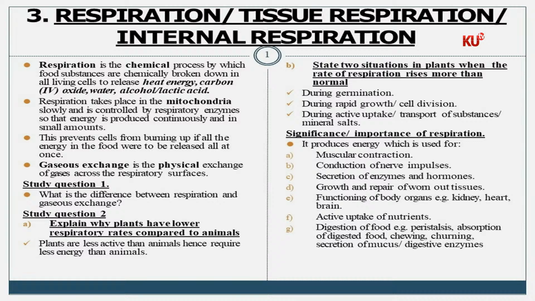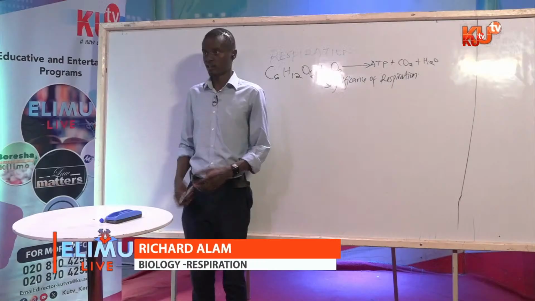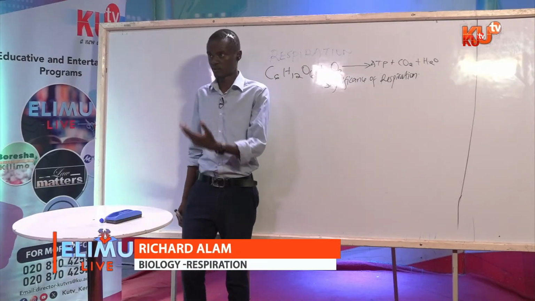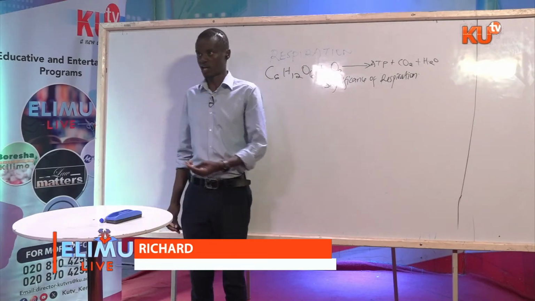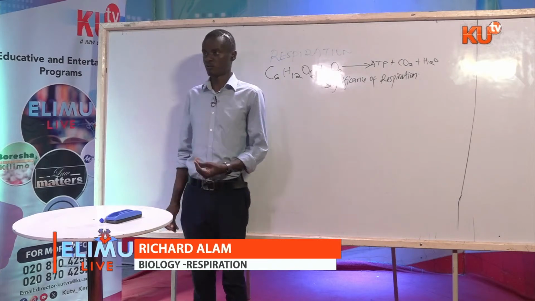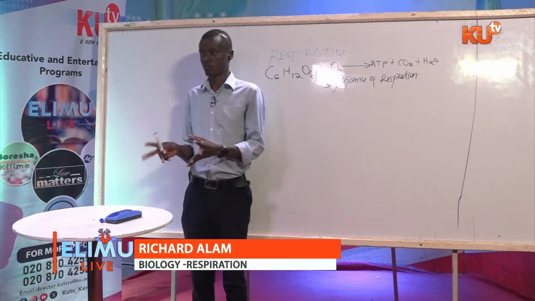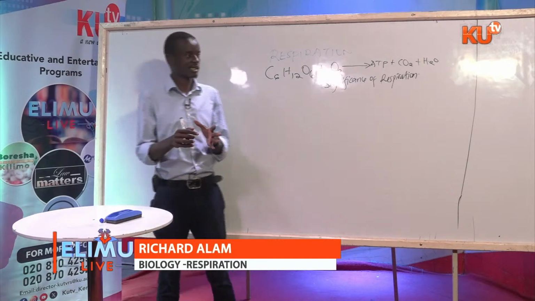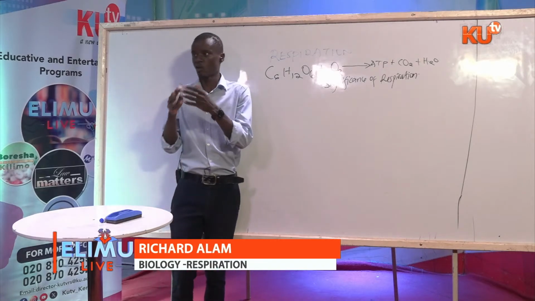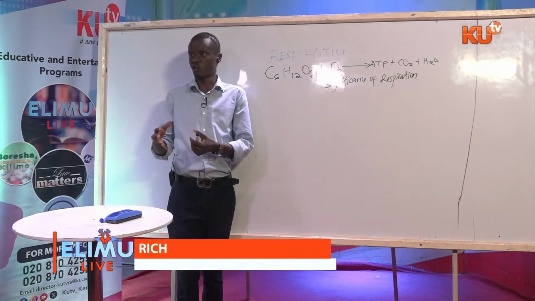Then I would like us to move to the next phase of this presentation, where we are going to discuss the various types of respiration. But before then, we must understand, where does respiration occur?